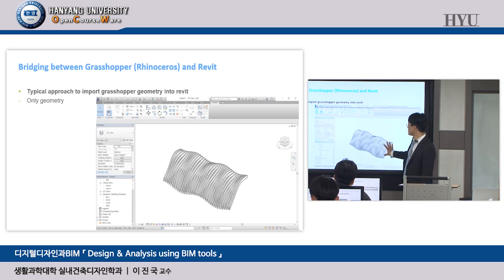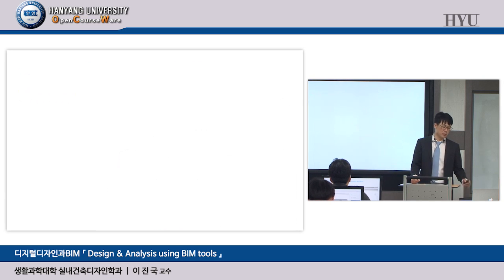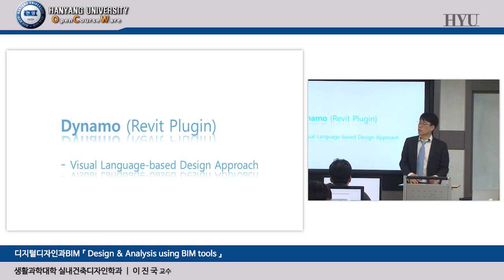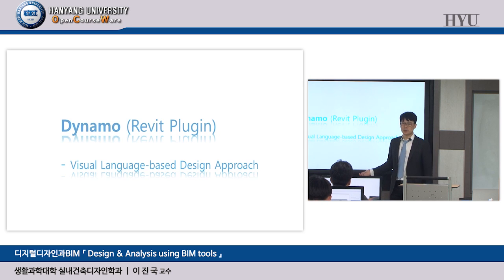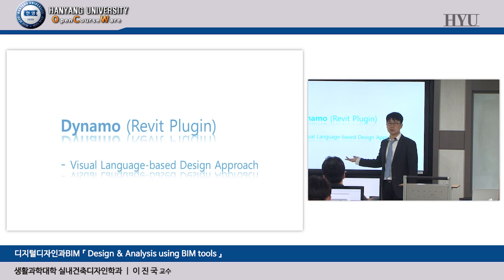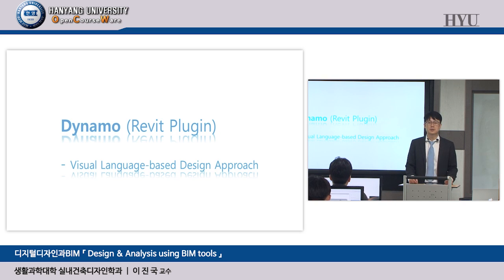But the problem is this is not editable, okay? So how to edit this kind of structure, this kind of geometry? That is why we have looked at Dynamo as a Revit plugin, okay? So Dynamo is another visual language based design approach, but this one is up to date, okay? This one has powerful support for the BIM system.